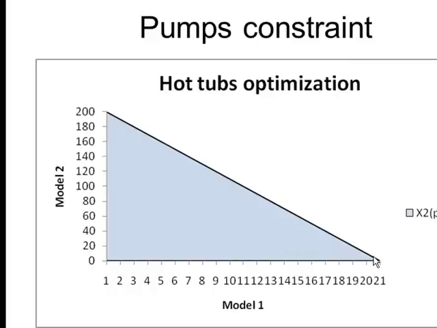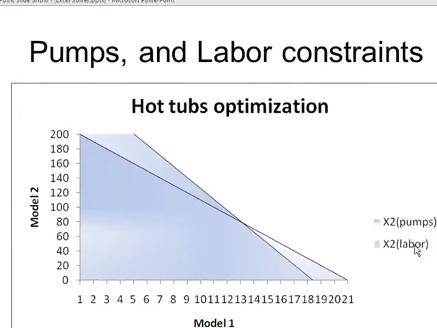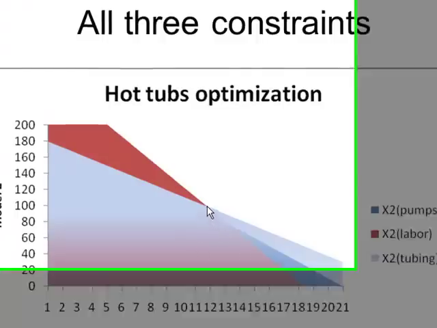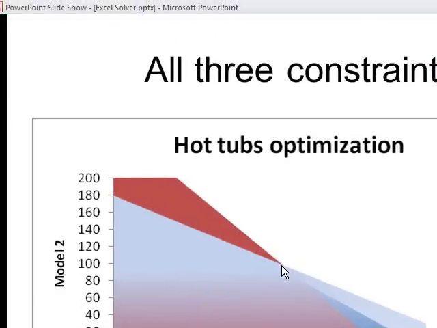For any number in between, you will have used 200 pumps. If you add a line for labor, we have a line with a different slope. Then we add another line for tubing, which is a third line with a different slope. Now all these three lines don't always meet at the same point. If they all met at the same point, you would get the best possible values.